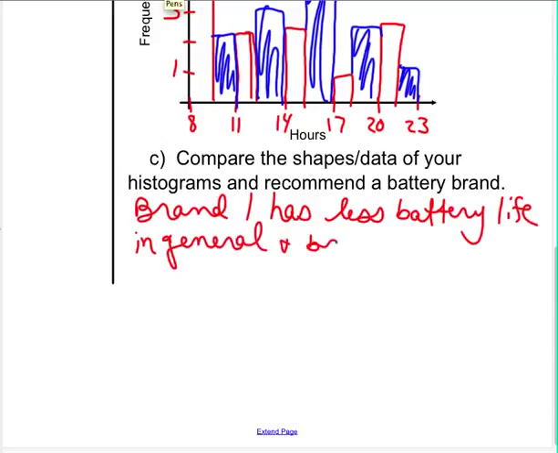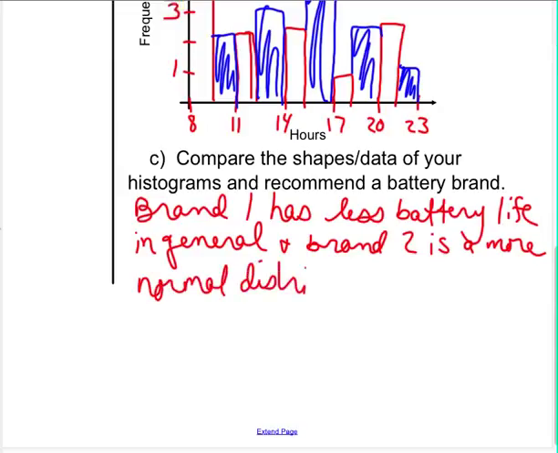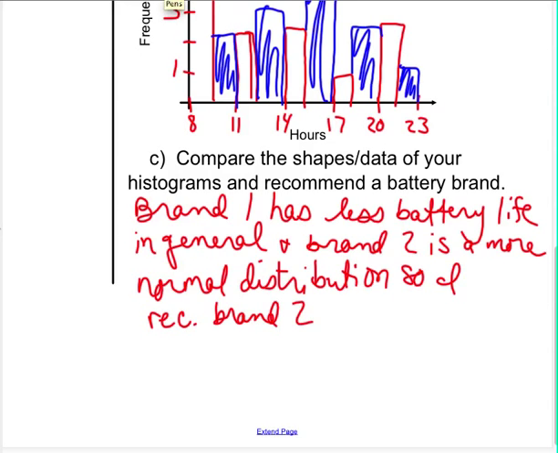And brand 2 is a more normal curve or distribution. So I recommend brand 2 for higher battery life.